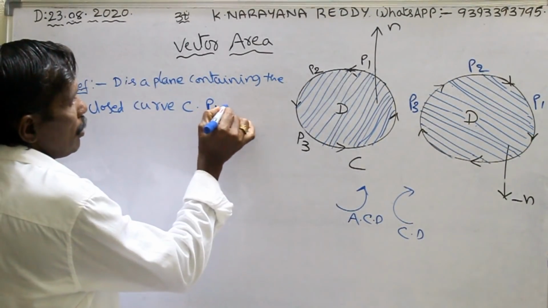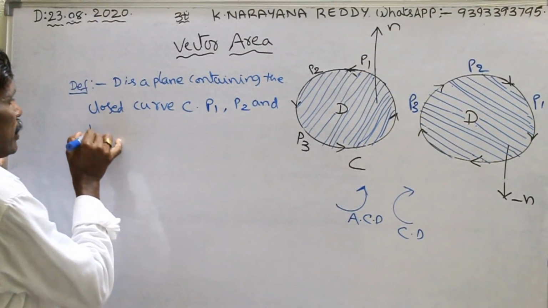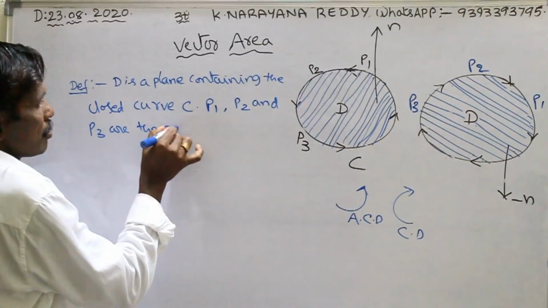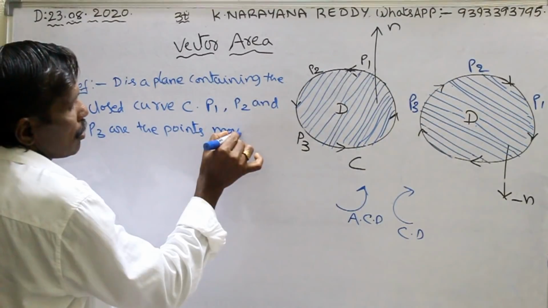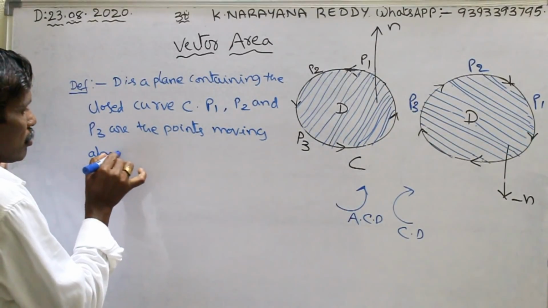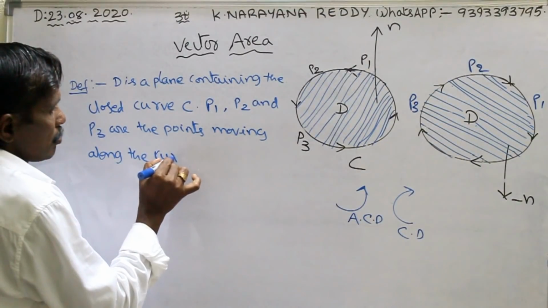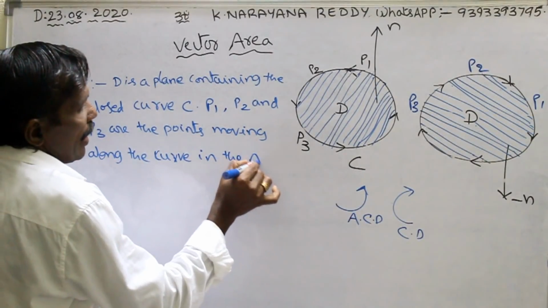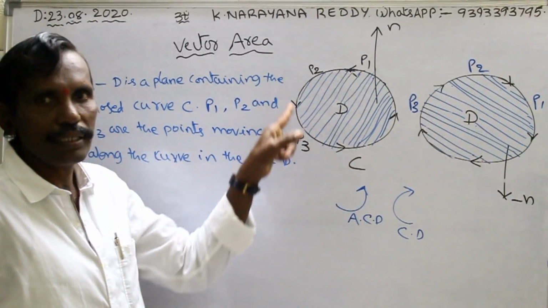Okay. P1, P2 and P3 are the points moving along the curve in the anti-clockwise direction.